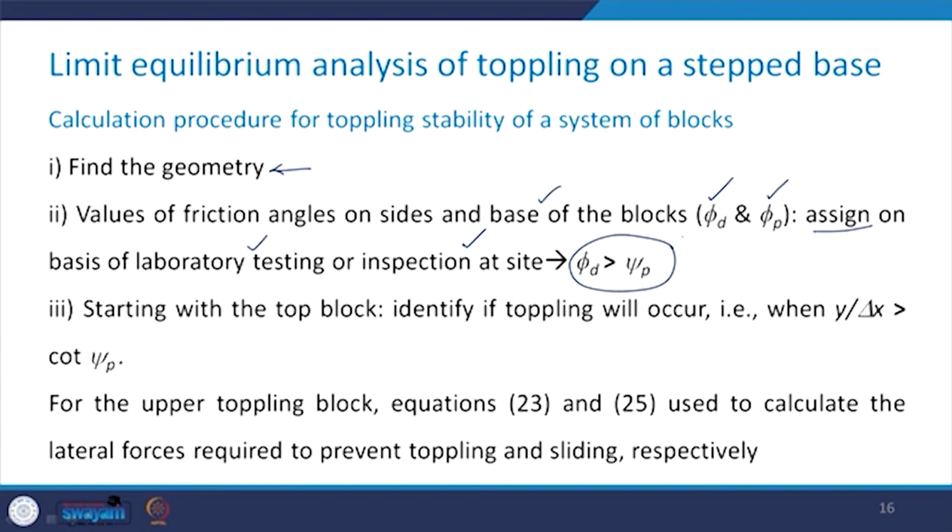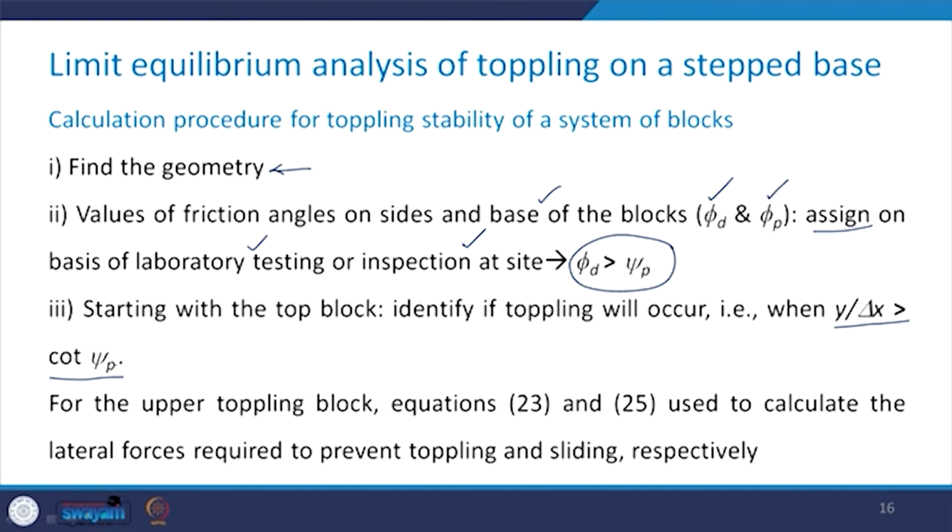Then we will start with the top block and identify if the toppling will occur or not. The toppling will occur when the condition that y upon delta x is greater than cot of psi p is true. This we have seen when we were discussing the kinematic analysis of the toppling failure.